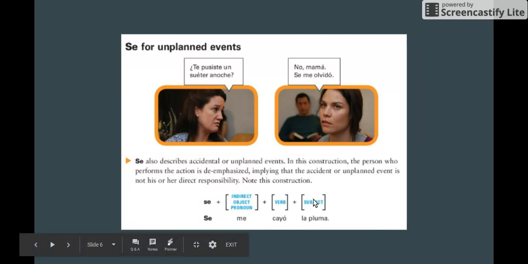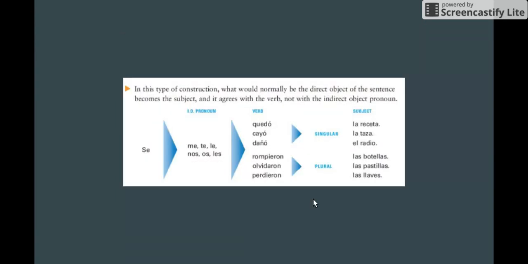Or let's say you drop your pen. I dropped my pen, you're putting the blame on yourself. Whereas in Spanish, se me cayó la pluma. The pen fell from my hand. So it's the pen that has the blame, not yourself. By doing that, you use se to create that statement.